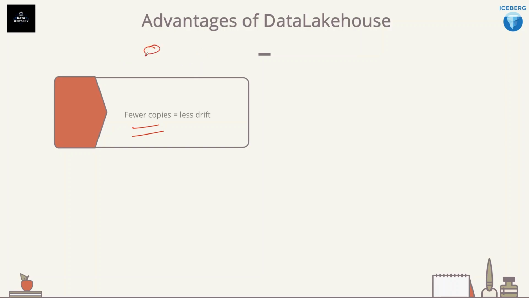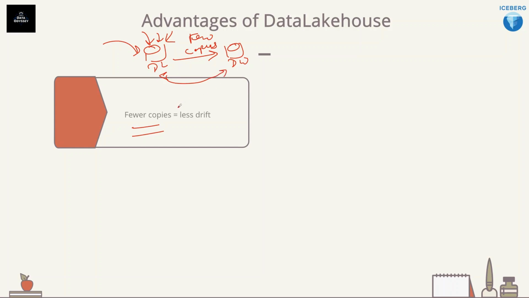So what companies did, they tried to bring in all data to the data lake, okay, and then they brought in certain copies of data to the data warehouse, on which they wanted to perform the analytics, okay. And if they brought certain chunks of data to this data warehouse, similar data was present in the data lake and also in the data warehouse.